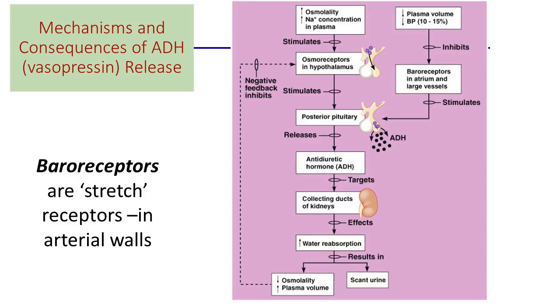If these baroreceptors are not being stretched enough because the blood volume is decreased or blood pressure is too low, that will stimulate the posterior pituitary as well to release antidiuretic hormone. The overall effect is to increase blood volume and plasma volume, which will also result in an increase in blood pressure. Remember, we need to have enough blood pressure to perfuse organs and tissues in the body. If blood pressure becomes too low, organ failure can start to occur, where we're not getting enough oxygen and nutrients to those tissues.